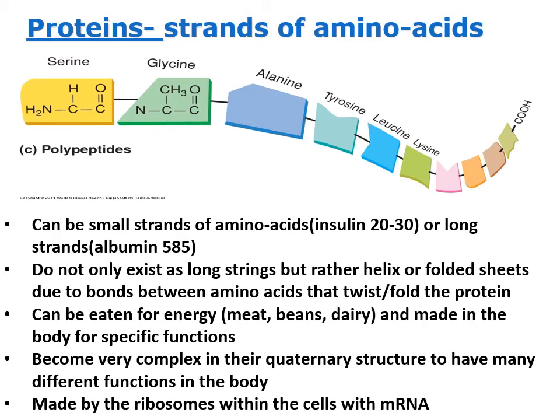Okay, so where do these proteins come from? Like how are they made in the body? Well, that's where the DNA comes in, right? So the DNA is in your nucleus. The DNA sends a message out to the cytoplasm of the cell in the form of messenger RNA or mRNA. And the mRNA is going to be the messenger that has a sequence of nucleotides on it.